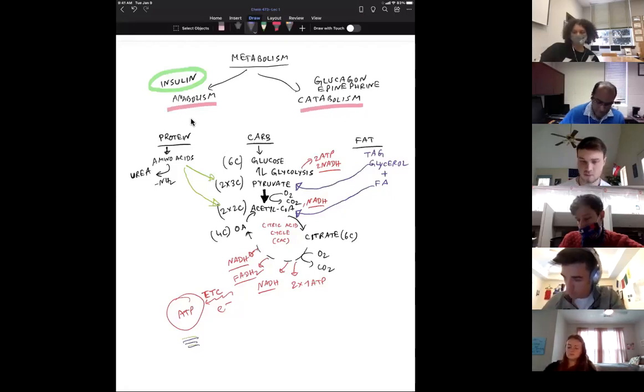That's what I'm saying, the citric acid cycle is highly regulated, because once you have acetyl-CoA, it has to go through the CAC. So it is highly regulated, the citric acid cycle.